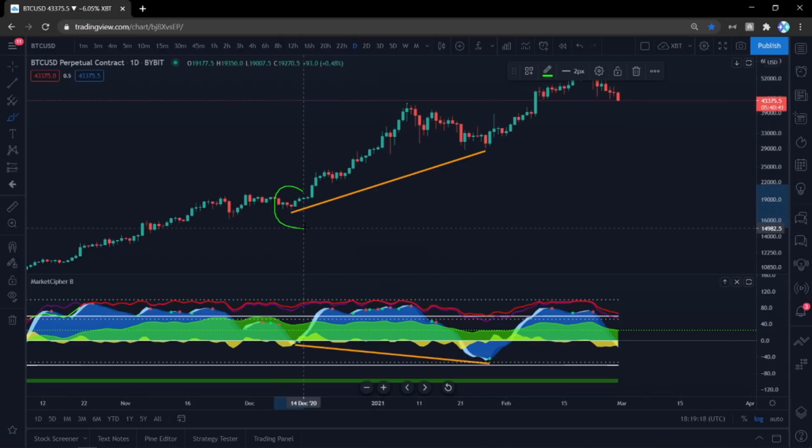If I were to compare this to a real life metaphor, basically right here, imagine that you get punched. You're in a bar fight and you get punched, and it doesn't really hurt you that much. See this small wave here? It didn't really go that deep. So you get punched at a bar and you're not really that phased. And then the guy, he's shaking his hand off, and by the time he punches you again down here, now he's more into it and he punched you harder than before.